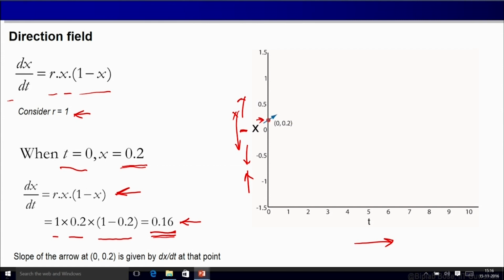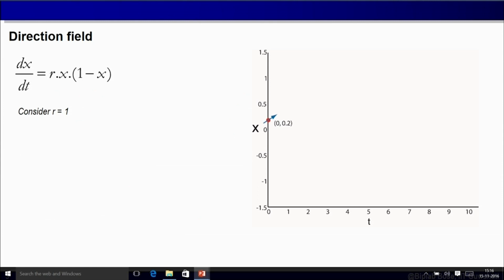So what I have shown in the graph, I have taken a point at 0.2 in this space of x versus t, and then I have drawn an arrow there having a slope equal to dx/dt at that point.